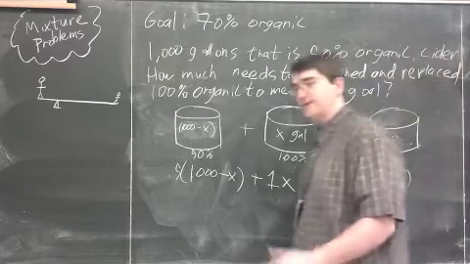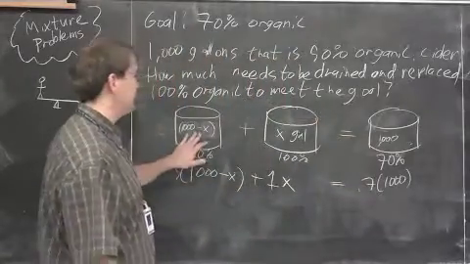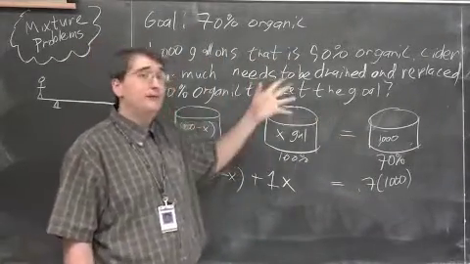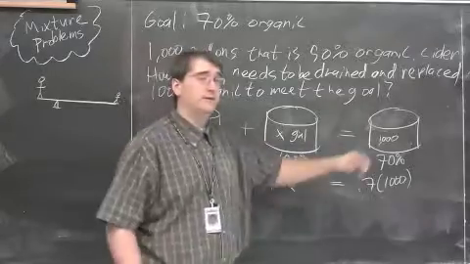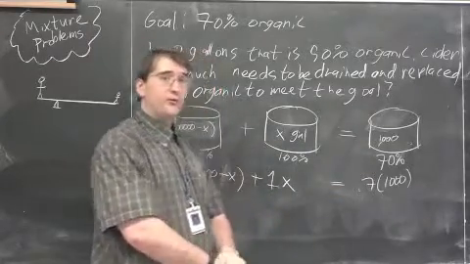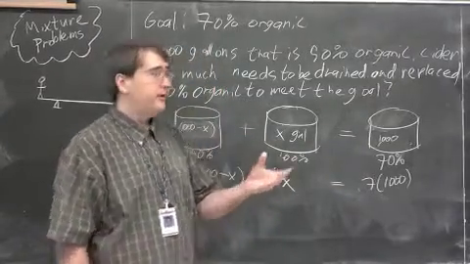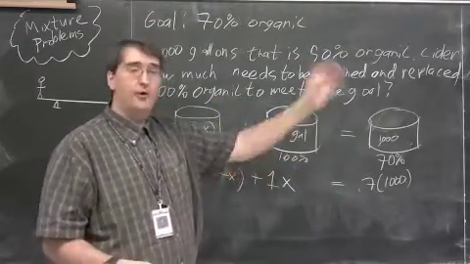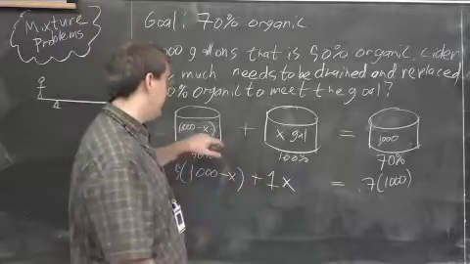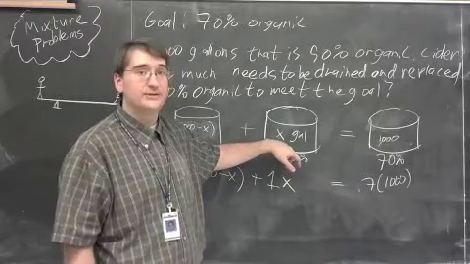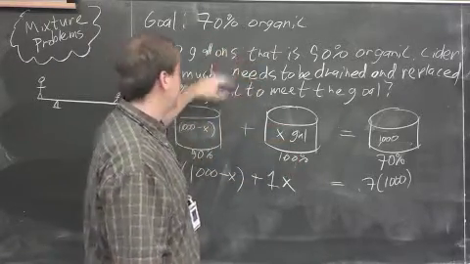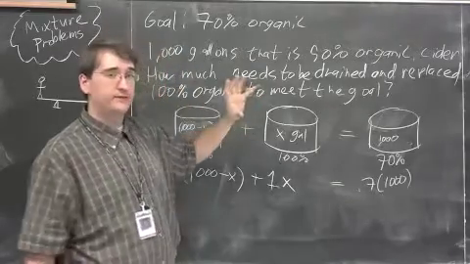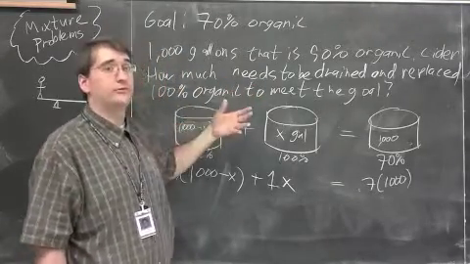The tricky bit here is the idea of getting these amounts. And really, in general, for any mixture problem, it's going to be getting these amounts. So you've got to think about what it is that you're actually doing. In the previous example, we had a beaker that had space left in it. We were just pouring more on top of it. So it was 8, and then we're just adding on to it. In this case, we can think of this 1,000-gallon tank as being completely full. We can't just add to it because then it'll overflow.